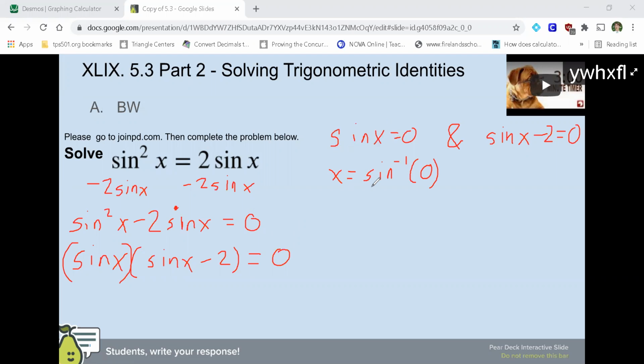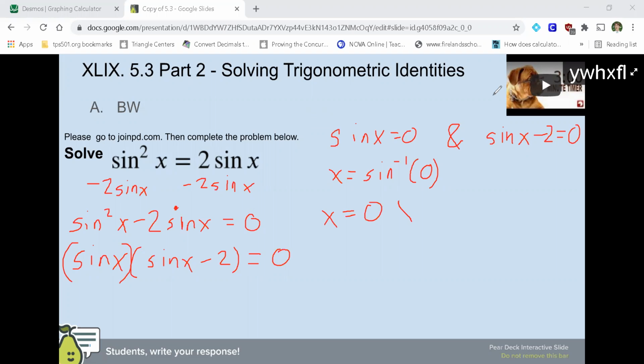To solve this one for x, we just need to take the sine inverse. And what is the sine inverse of 0? That's right. And what else?